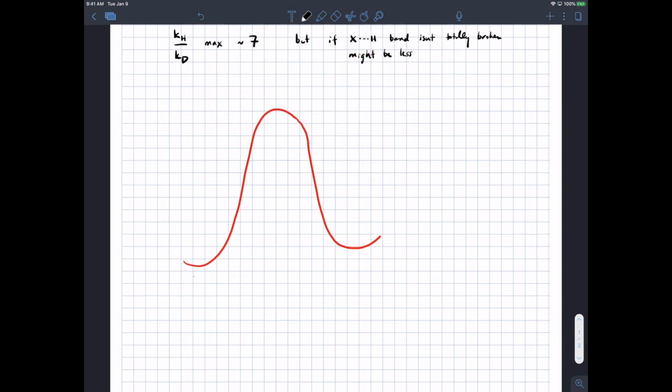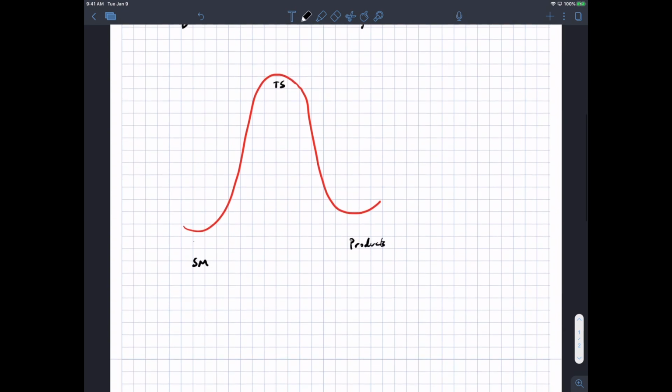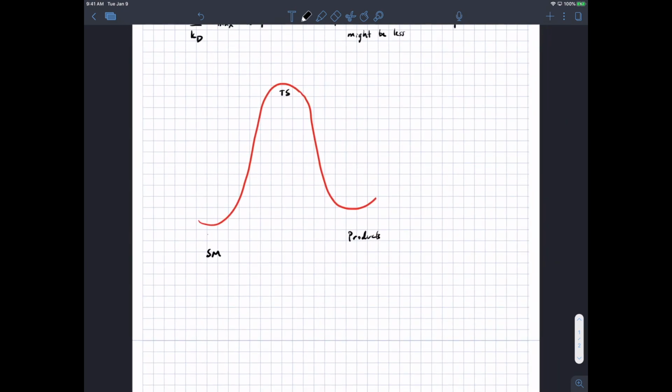You have starting materials, you have products, and then you have a transition state. And let's imagine that this is just a proton transfer reaction.